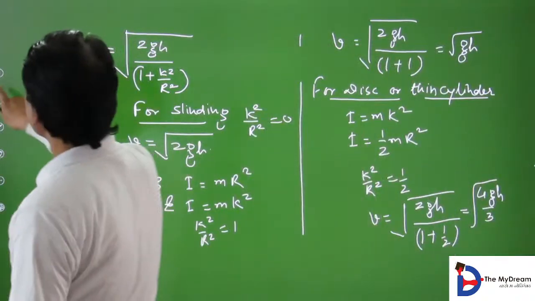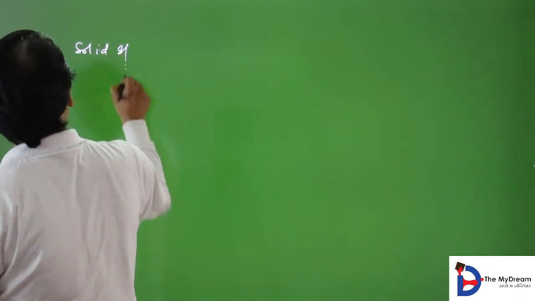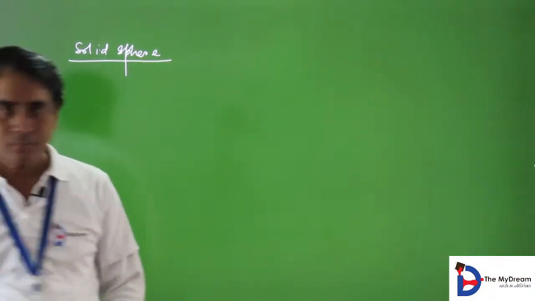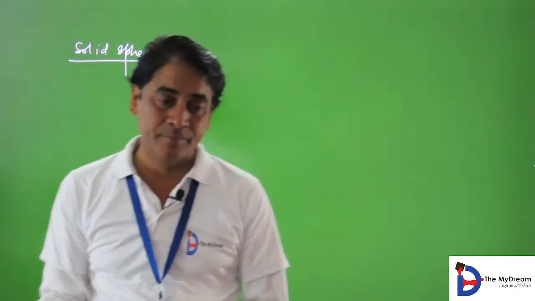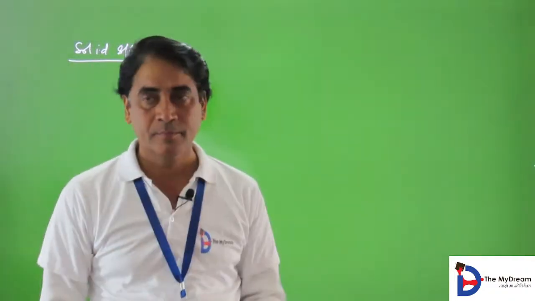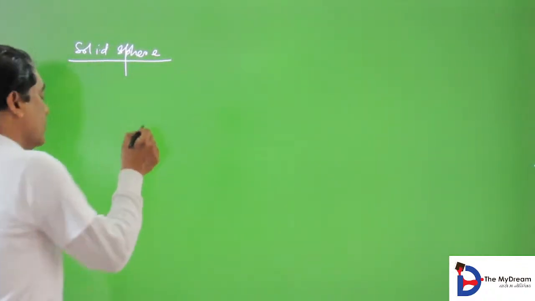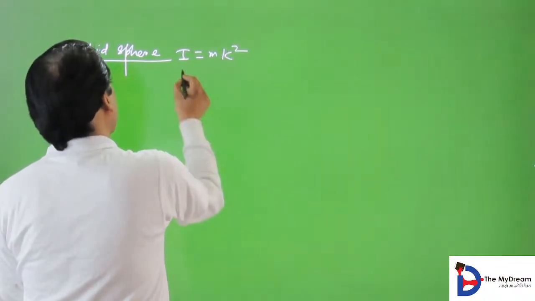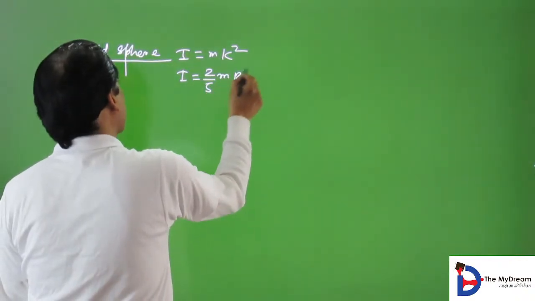Next, solid sphere. Now when it reaches faster, obviously it will take less time. So I is equal to mk square, and the moment of inertia, as I told you before, is that.